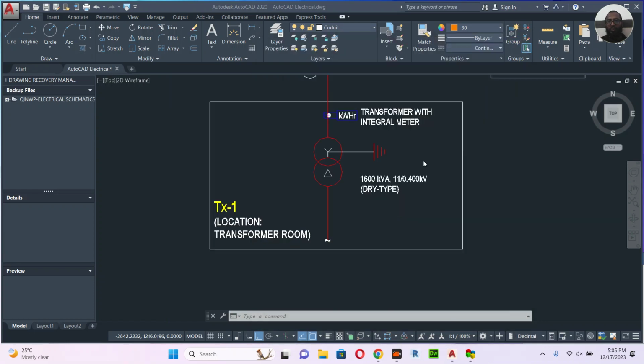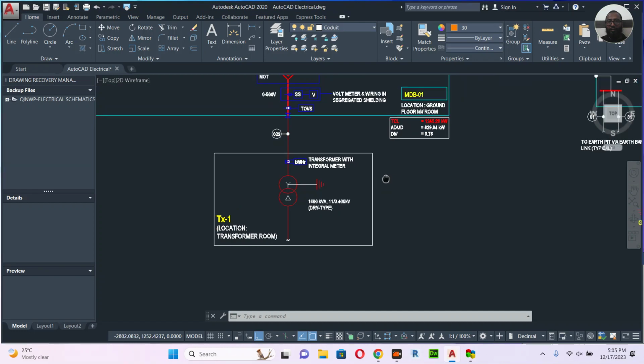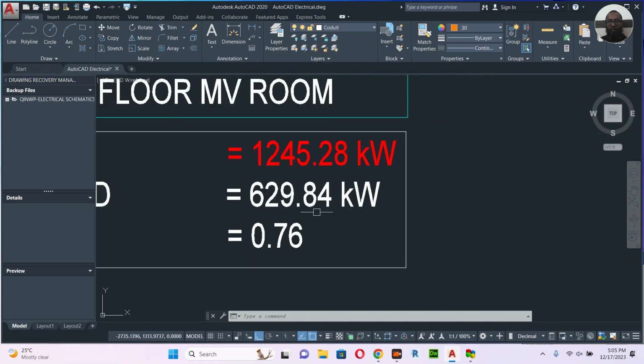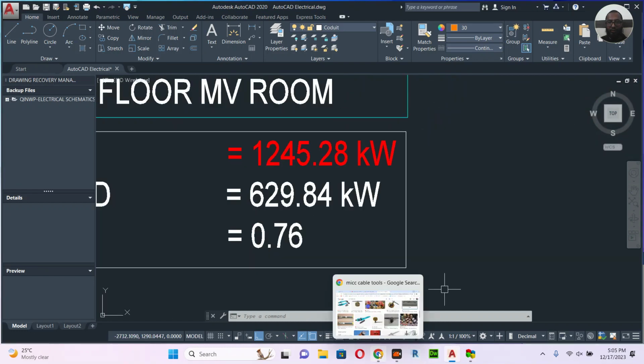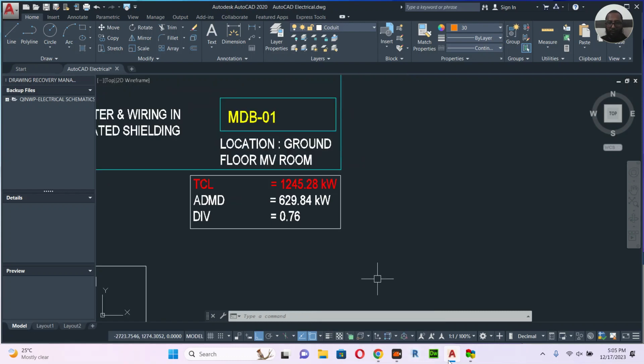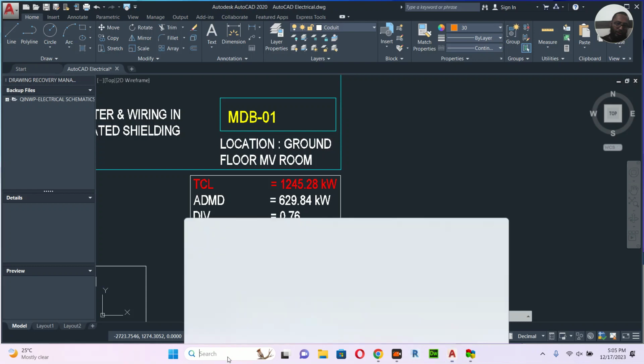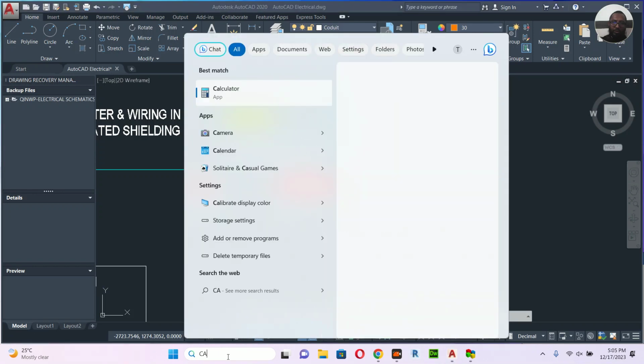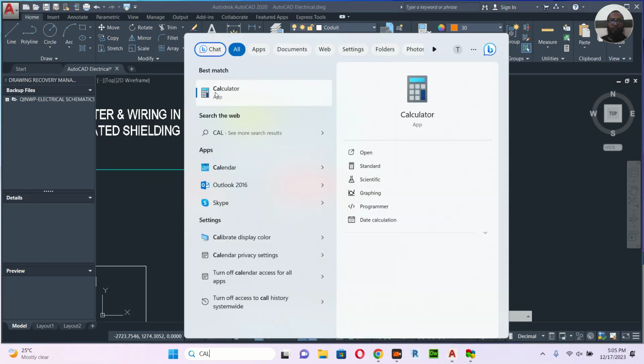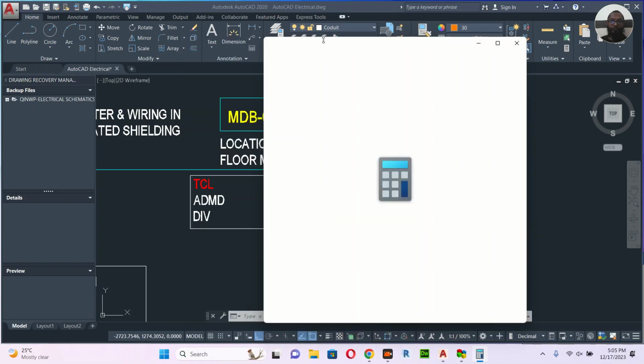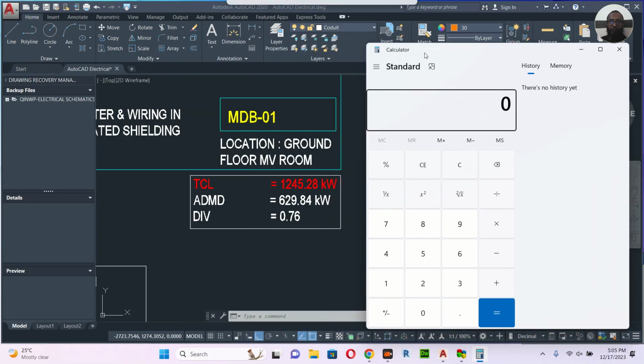So I have already 1245. Let's go for that. Yeah, I am wrong. I am totally wrong. I should not calculate from the ampere. I should calculate from the watts. I am extremely sorry.